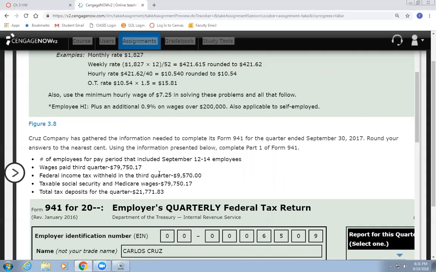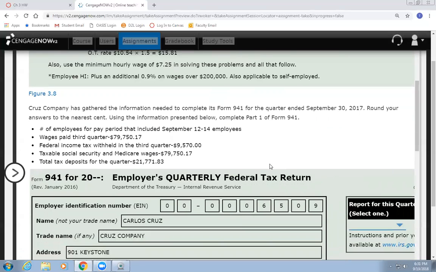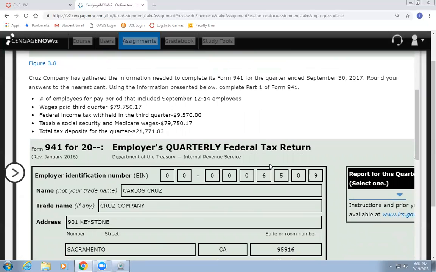So this one is saying Cruise Company has gathered the information needed to complete Form 941 for their quarter ended September 30th. They want us to round our answers to the nearest cent, and we're going to use the information they provided to complete the first part of this form. They're required quarterly to submit how much they've withheld in taxes and actually pay those taxes.